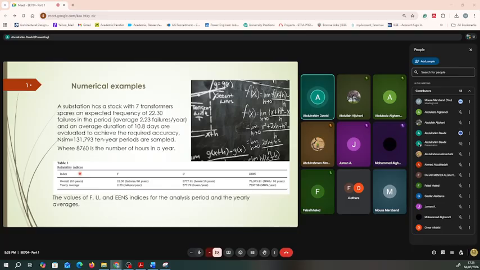This table shows the reliability indices over all 10 years.